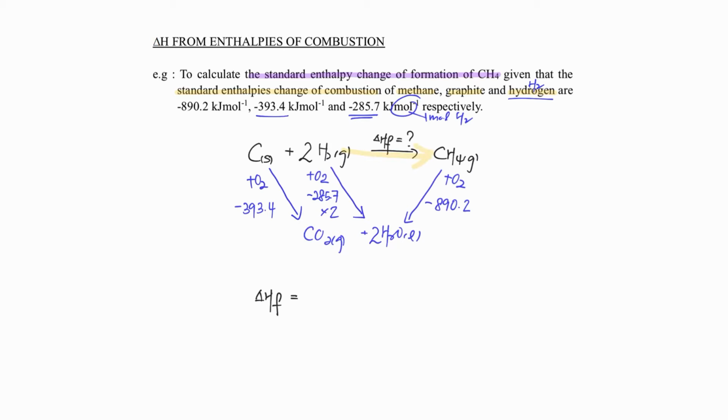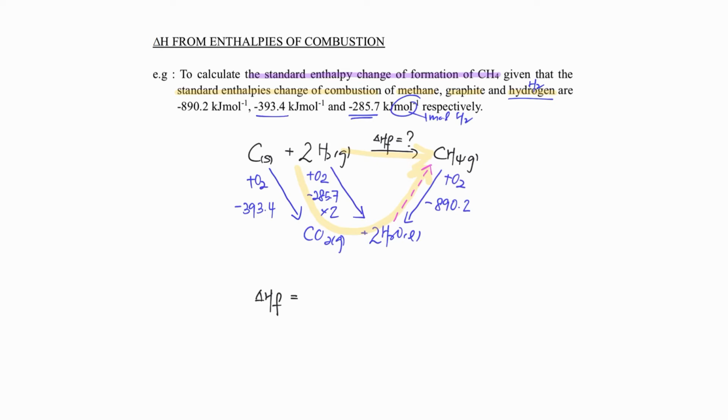Here, we have a long way to reach methane with all these given equations or reactions. You can see the standard enthalpy change of combustion for methane does not have a nice flow pointing to the product of the standard enthalpy change of formation of methane. Therefore, we have to reverse the arrow to make sure the flow is pointing to our product.